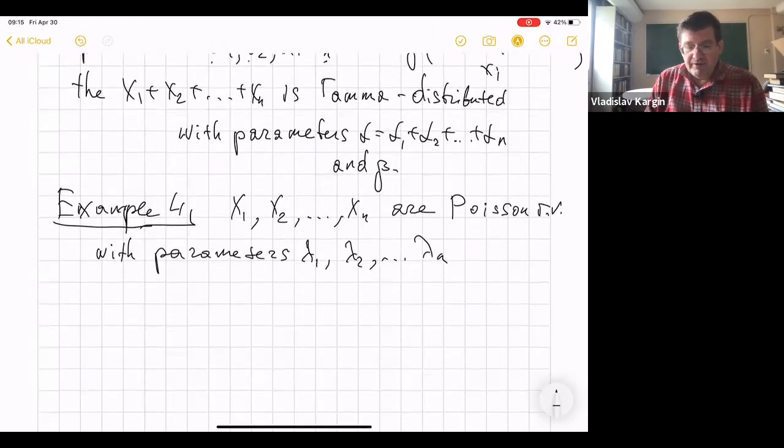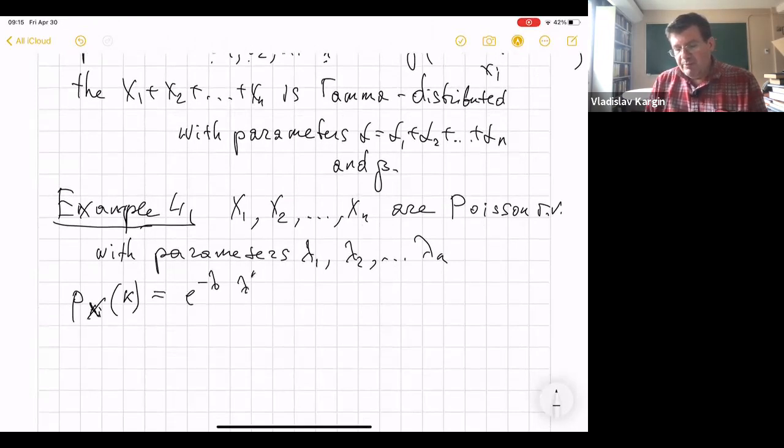So the PMF of x, say of x equal to k, right? So the probability that x is equal to k is equal to e to the minus lambda, lambda to the power of k divided by k factorial. Okay, so this is the definition of a Poisson random variable. So this is a probability mass function, PMF.